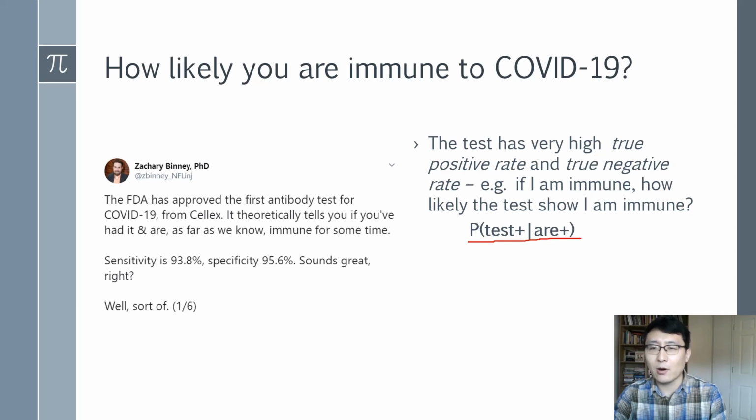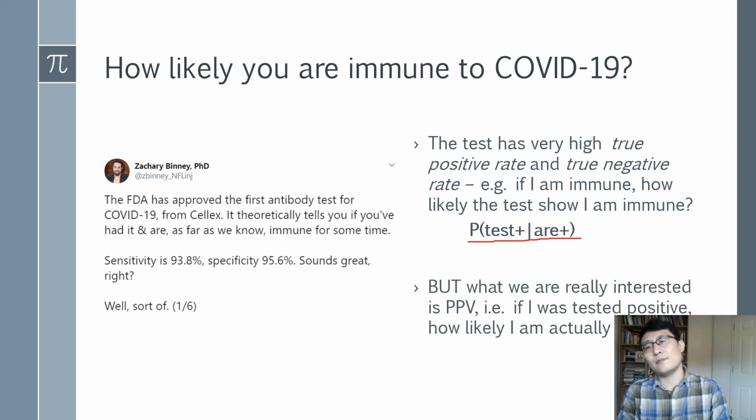This vertical bar is conditional: the probability conditional on this condition. So in a word, it is the probability of test positive given that you are positive. If you look at the previous table, that's the definition of the true positive rate.